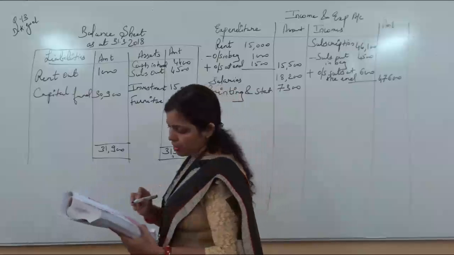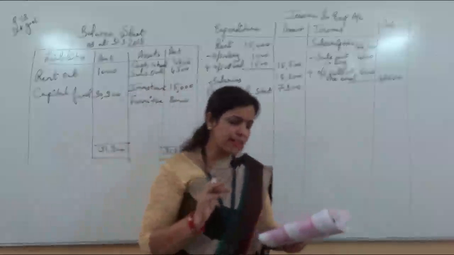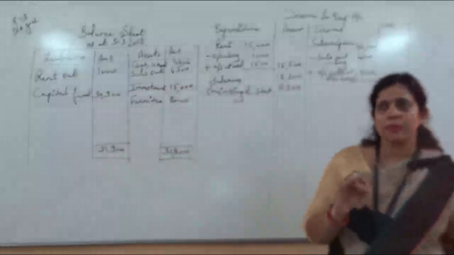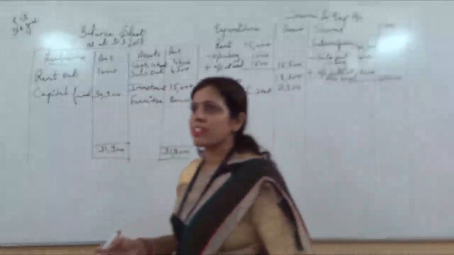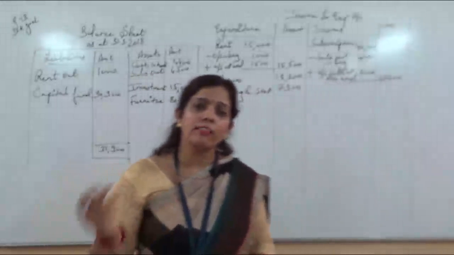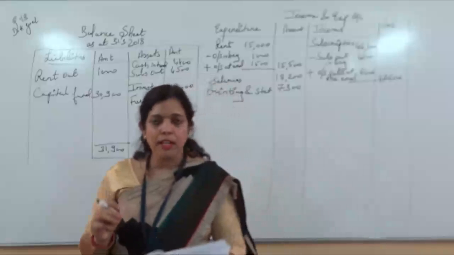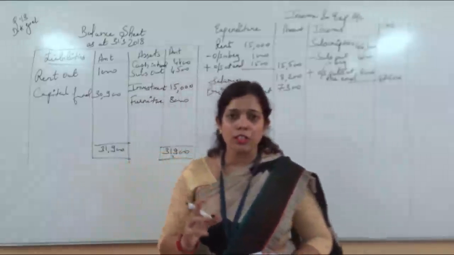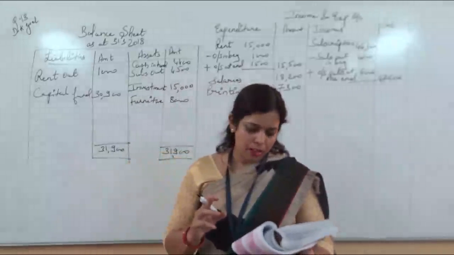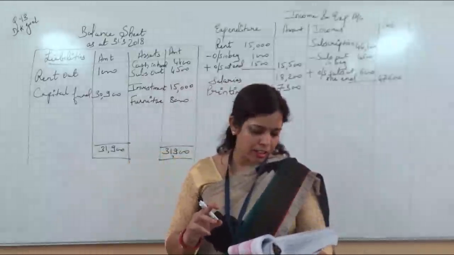Then expenses on charity show. Whenever this type of expenses are given, any charity show expenses, any match expenses, just have a look in the receipt side whether any fund is there related to this or not. You can see charity show, is any fund there related to charity?